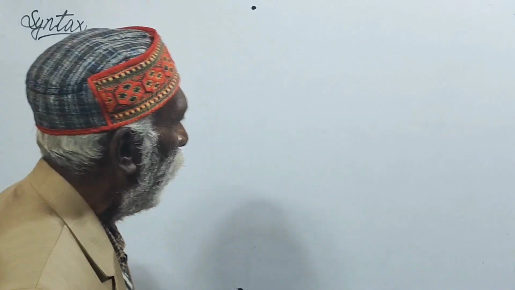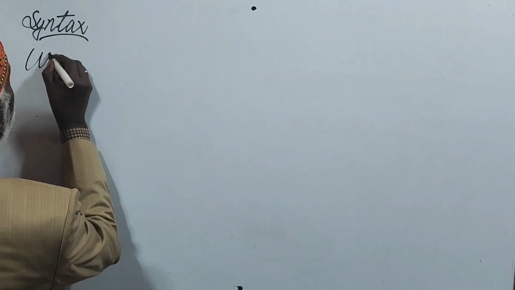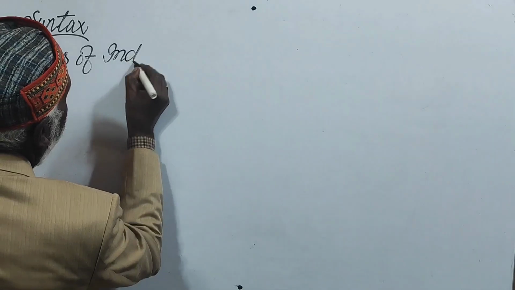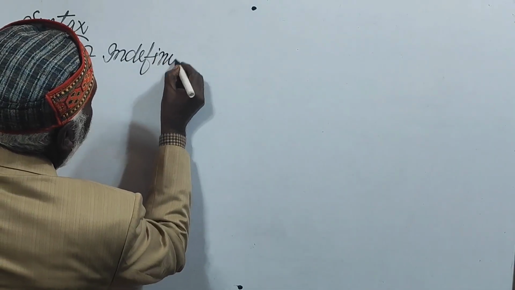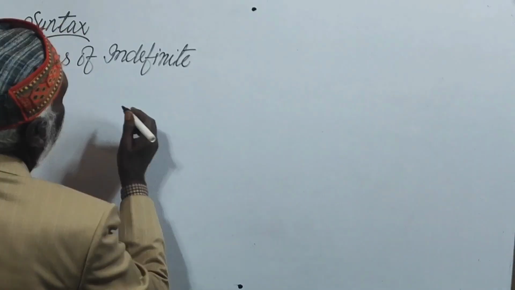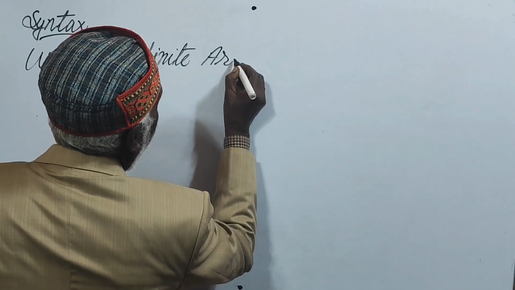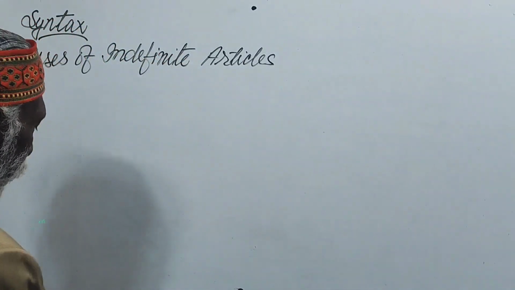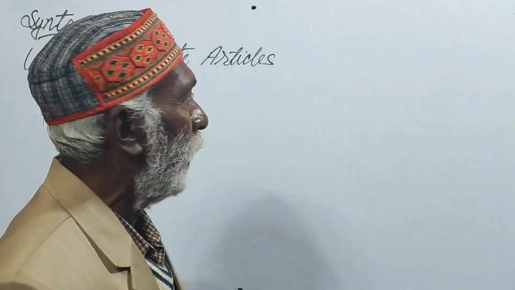Now we are learning how to use articles. I would like to talk about the uses of indefinite articles. Articles are three in number and classified into two, definite and indefinite.